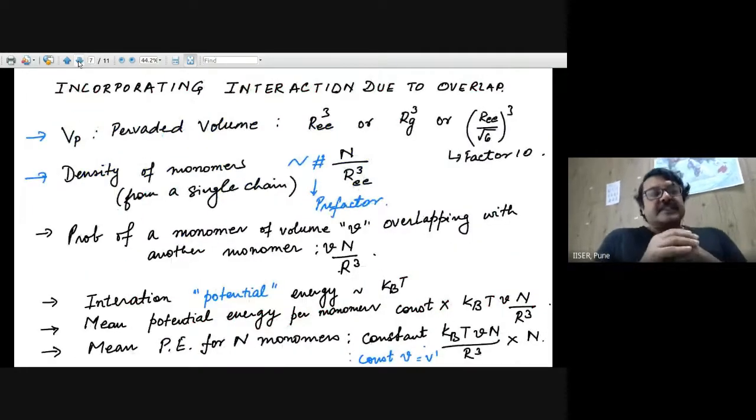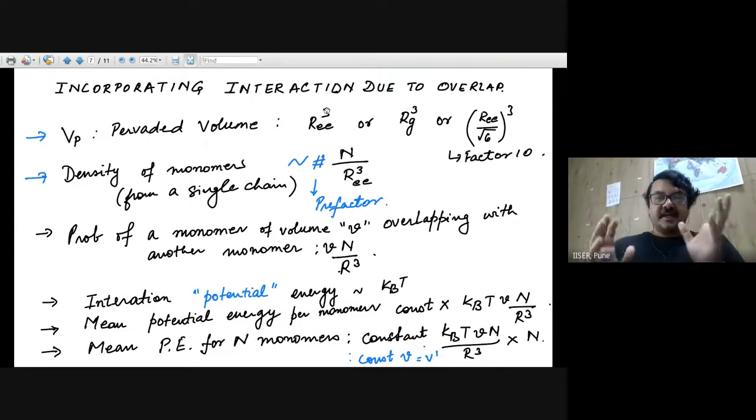So now we shall discuss incorporating repulsive interactions due to overlap, excluded volume interactions, if you like. I will just remind you about the pervaded volume of a polymer chain. An estimate of the pervaded volume is obtained by the end-to-end distance cube.